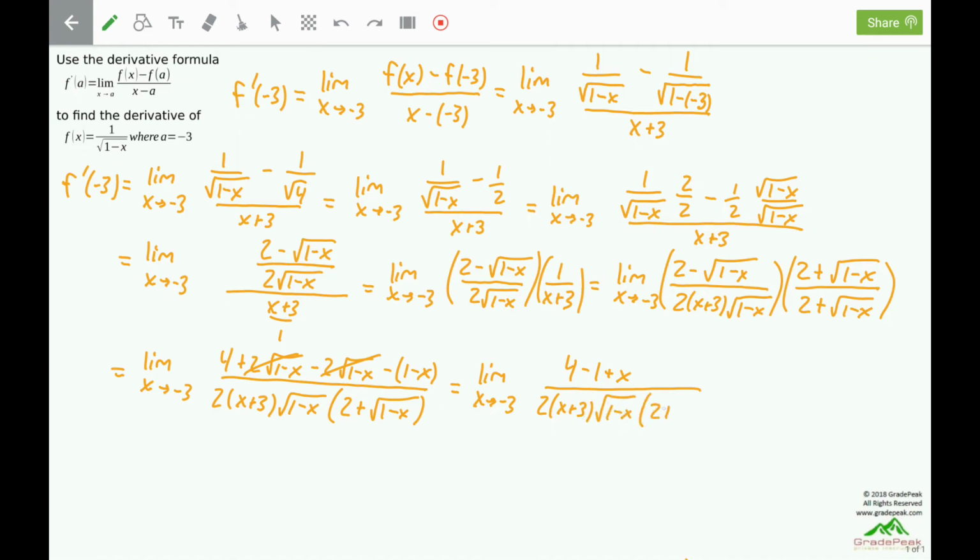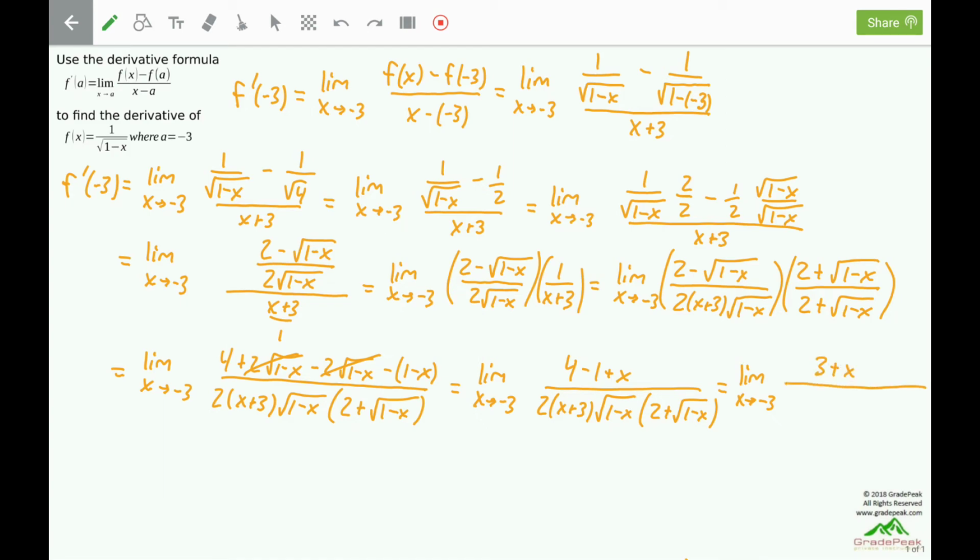Just be sure to write the denominator exactly as you see it. Watch every term. We have like terms in the numerator that can combine. 4 minus 1 is going to be a 3. And so we'll have limit as x goes to negative 3 of what will be a 3 plus x.